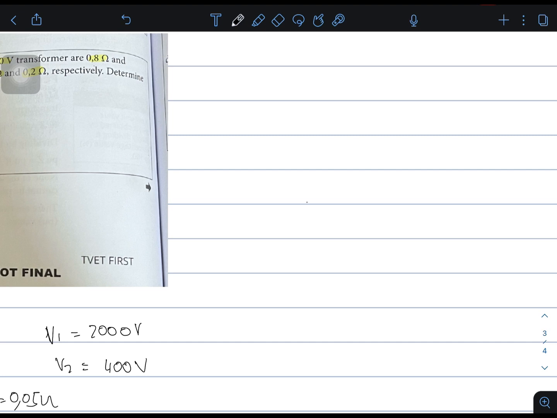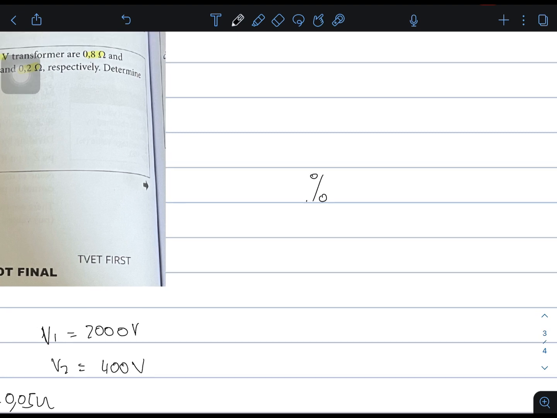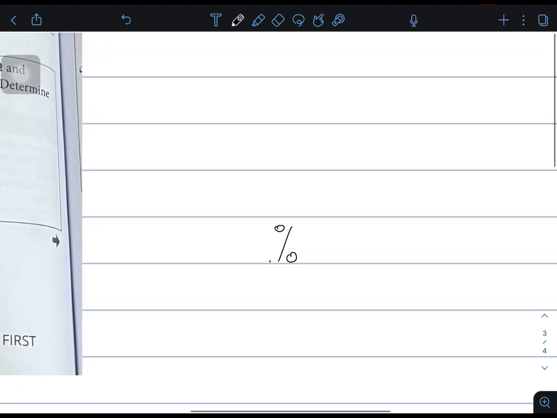Remember, a percentage resistance, let's say in the primary, let's say the formula per unit. Now we will multiply by 100 because we don't want a per unit value, we want a percentage value.